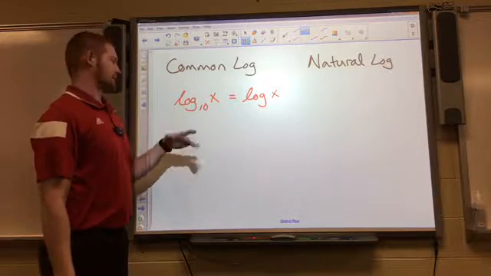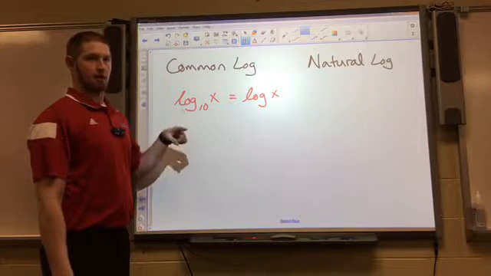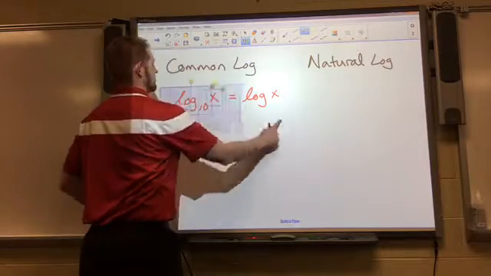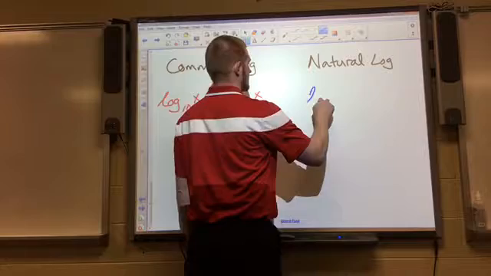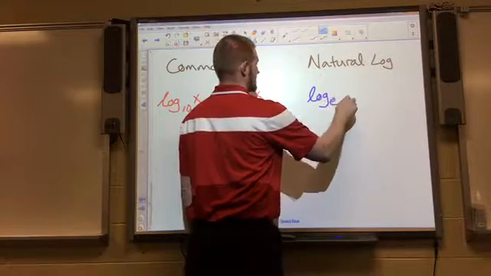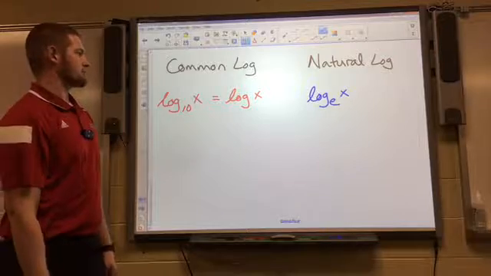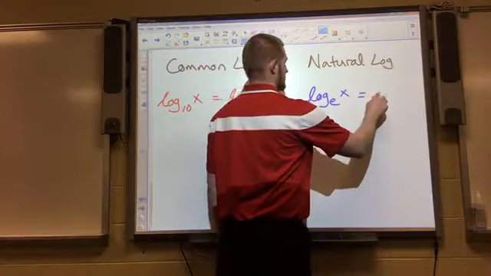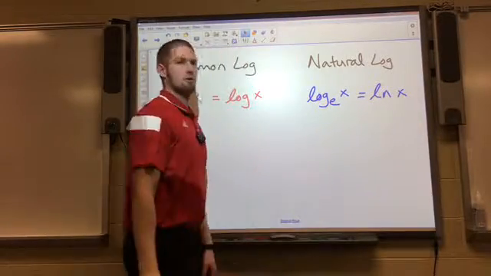So if you have something that's like log base 7, can you use this on your calculator? No. Okay. Your natural log is actually log base e, which we just talked about in the last lesson, of x. On your calculator, this shows up as ln of x.